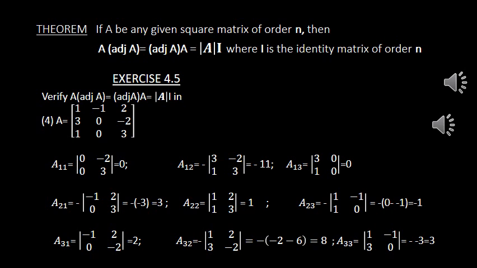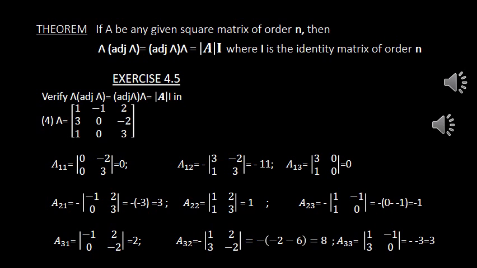Now A31: the sign is positive, the value of the determinant is 2. A32: negative sign, so negative of negative 8, positive 8. A33: the sign is positive, the value of the determinant is 3.